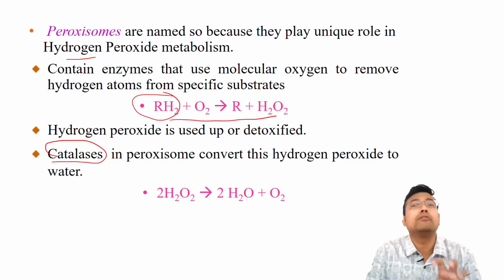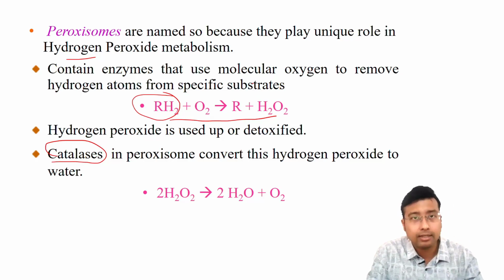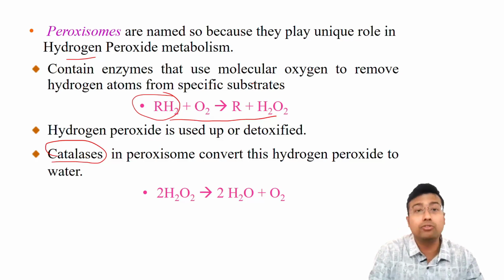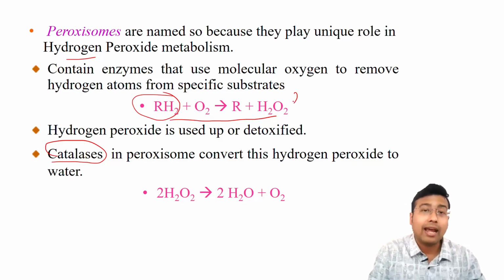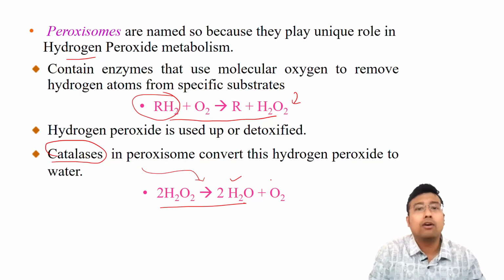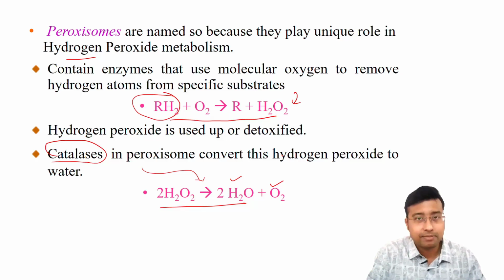Of course, again we'll be reading them in detail in free radical metabolism and antioxidants. Everything will be dealt in much more detail, but as an overview you should know that reactive oxygen species like H2O2 are broken down in peroxisome to harmless water and oxygen. Since they break peroxides, they are known as peroxisome, and the enzyme concerned is catalase, right?